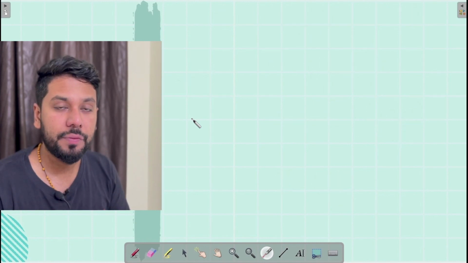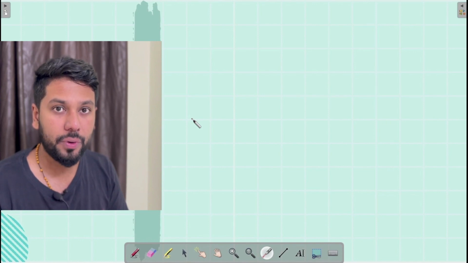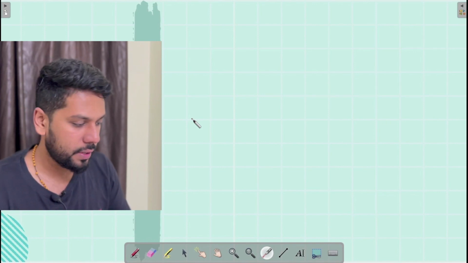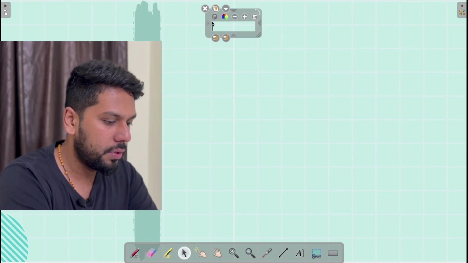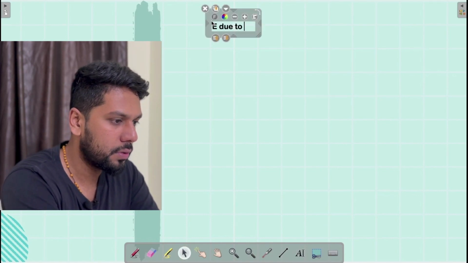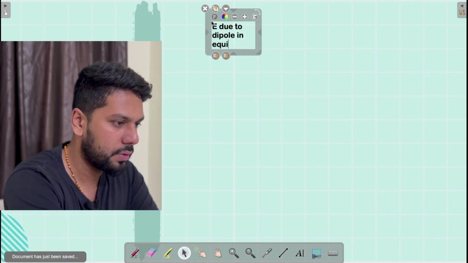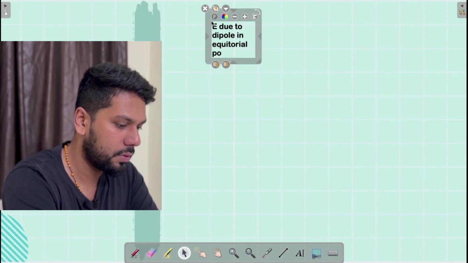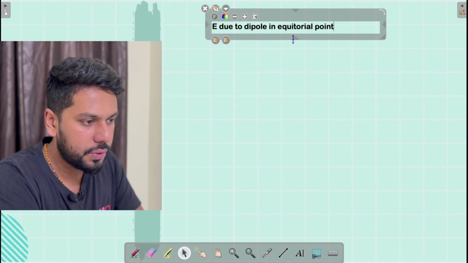Now students, we will try to understand the electric field due to a dipole in an equatorial point. Okay, so let us look into it. Electric field due to dipole for dipole in equatorial point. First of all, you try to understand what is an equatorial point.